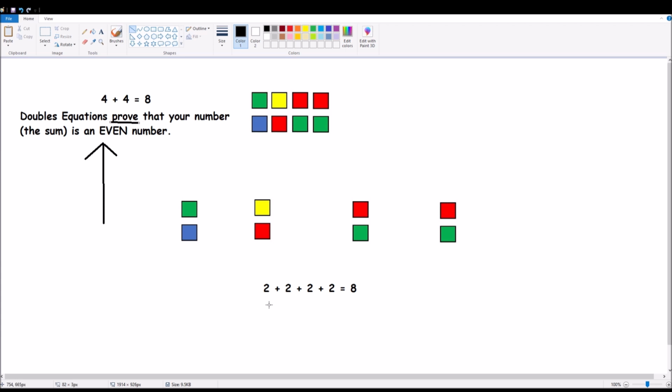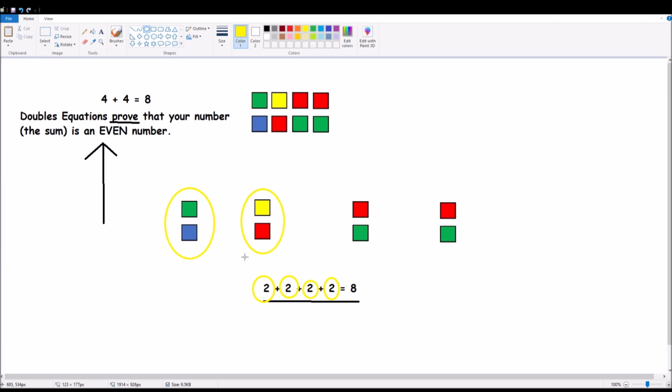So then what is this equation down here? Well, this equation just shows you that you can break it up into equal groups of 2. These 2's that you can break it up into, they're all shown right here.